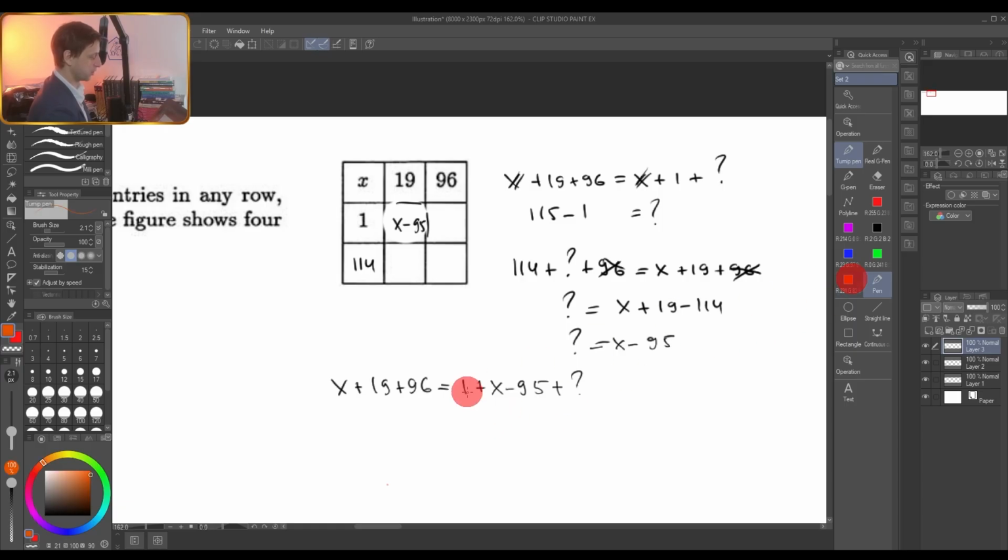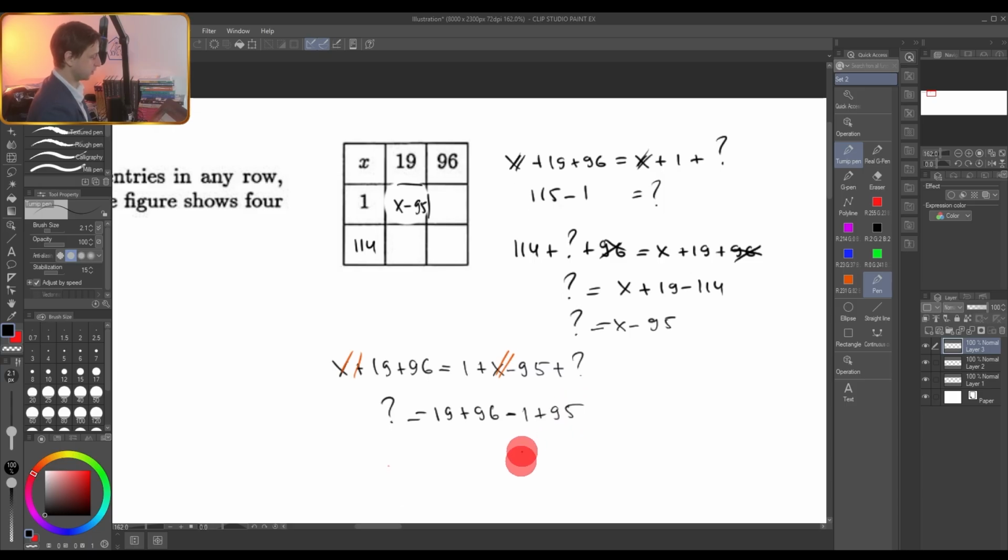Here x cancels out, and this something should equal 19 plus 96 minus 1 plus 95. Let's look at this difference: this one is 95, and 95 plus 95 is 190. So this sum is 190 plus 19, which is 209. So this number is 209.